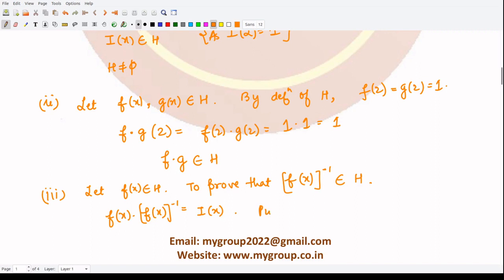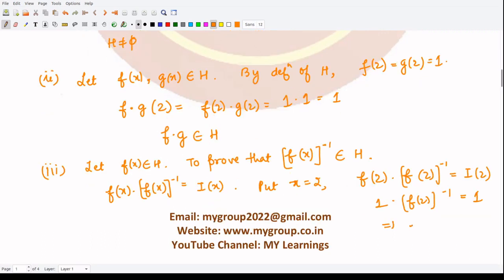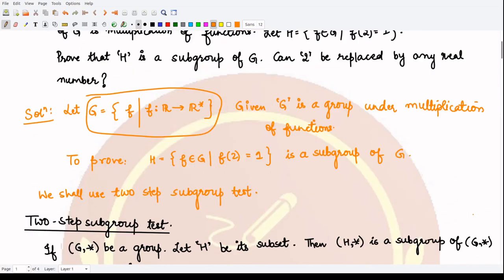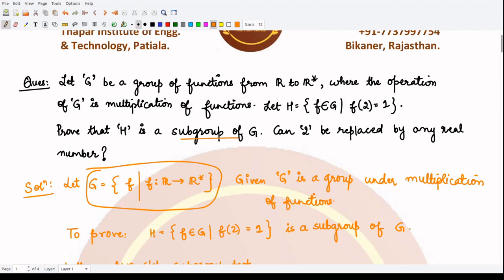Now if you put x equal to 2 into this expression, you get f of 2 into f inverse of 2 is equal to I of 2. So I of 2 is 1, being the identity function, and f of 2, because f is present in H, is equal to 1. So from here you obtain f inverse of 2 is equal to 1. That means this f inverse is present in H, and this is what we wanted to prove here. So I hope you understood this part of the proof well.